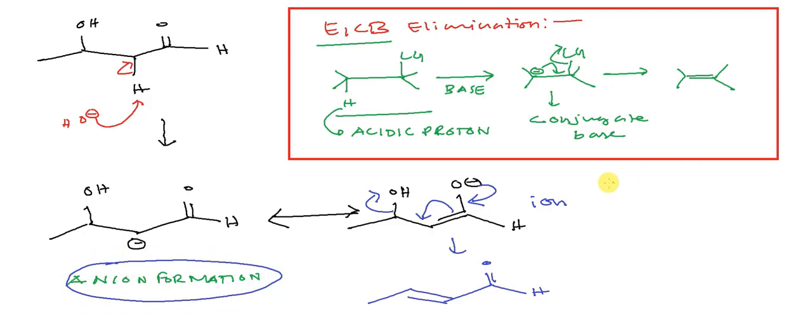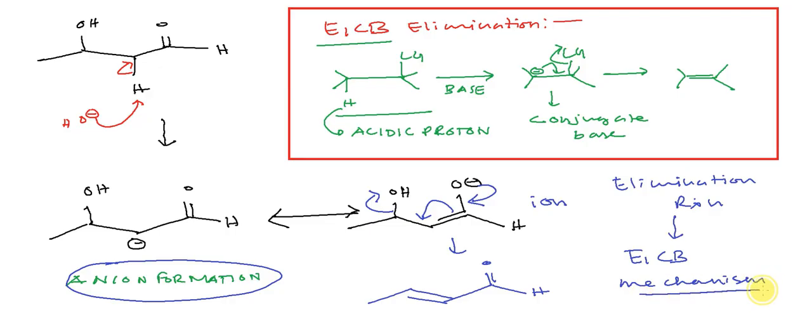So we can conclude that in the vigorous approach, there is an elimination reaction happening, and that elimination reaction is happening through the E1CB mechanism.